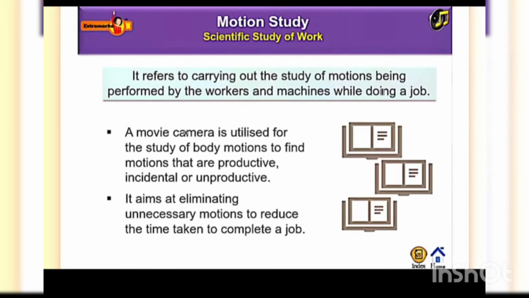Moving on, the next one is motion study. It studies the movements like lifting, putting objects, sitting and changing position, etc., which are undertaken while doing a particular job. For example, how your body is making a motion, such as motions which are productive, motions which are incidental, motions which are unproductive.